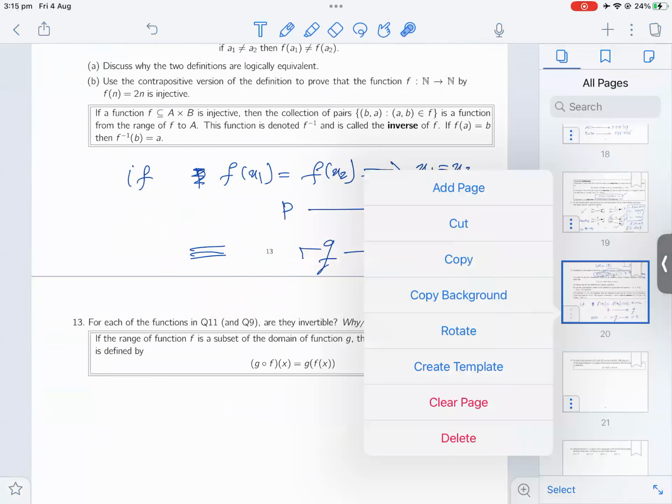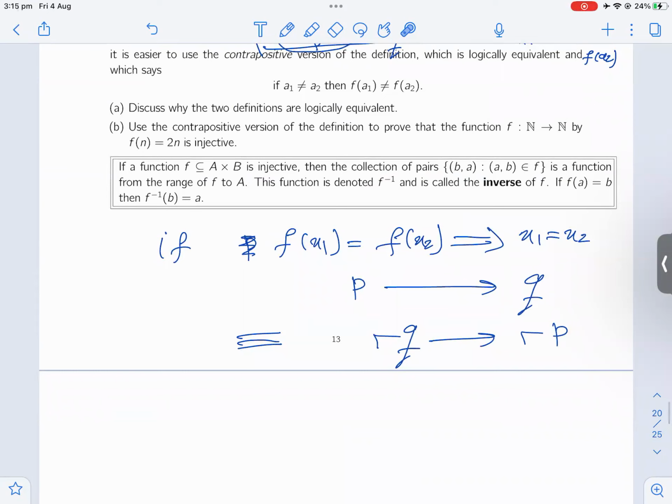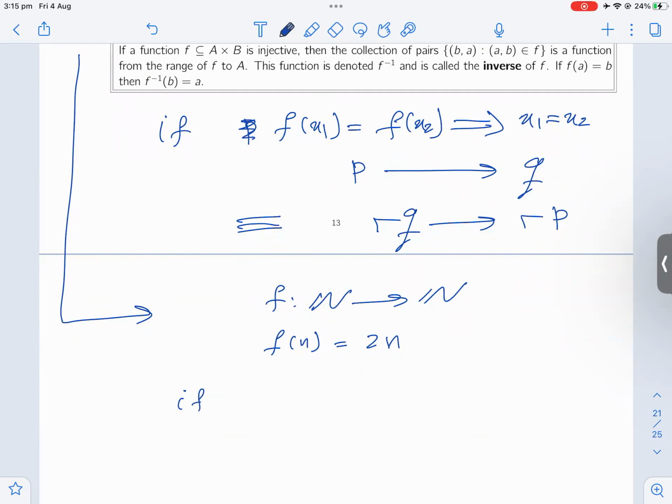So let's do C. B, we discussed a lot. B, f from the natural numbers to the natural numbers is f of n equals 2n.